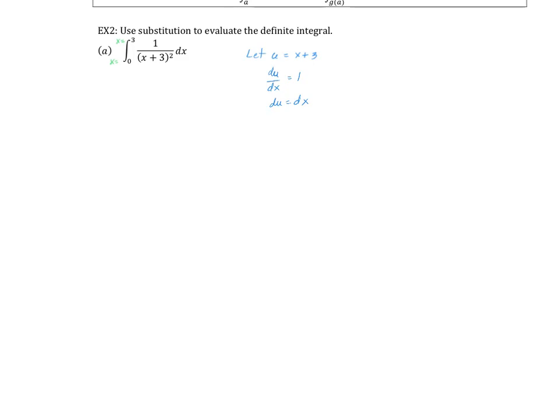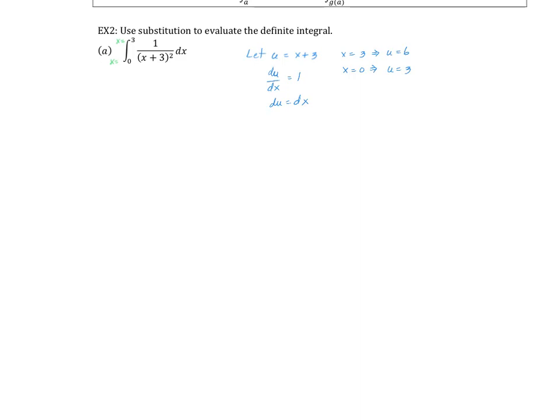I also have to change my limits of integration. Notice that if x is equal to 3, then my upper limit of integration is going to be u equal to 6. Again, I'm just using the substitution that u is x plus 3. And if x is equal to 0, which is my lower limit of integration, then u is equal to 3.